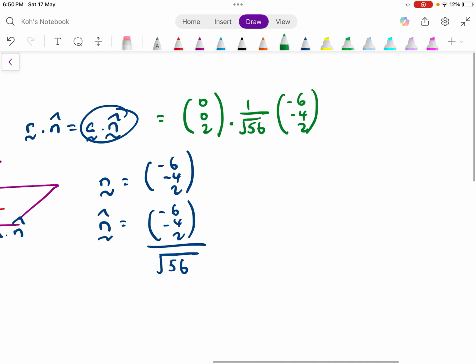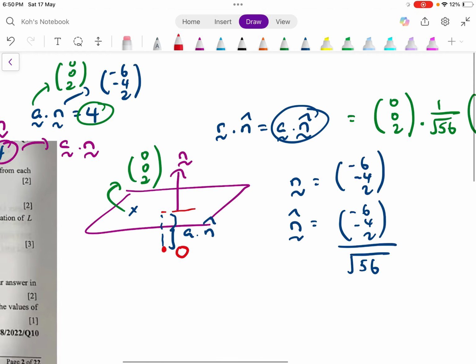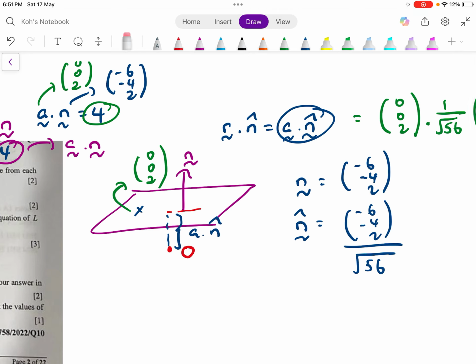So this will give you 1 over square root 56 times 4. So this value right here, 4 over square root 56, is actually the distance from the origin to the plane.